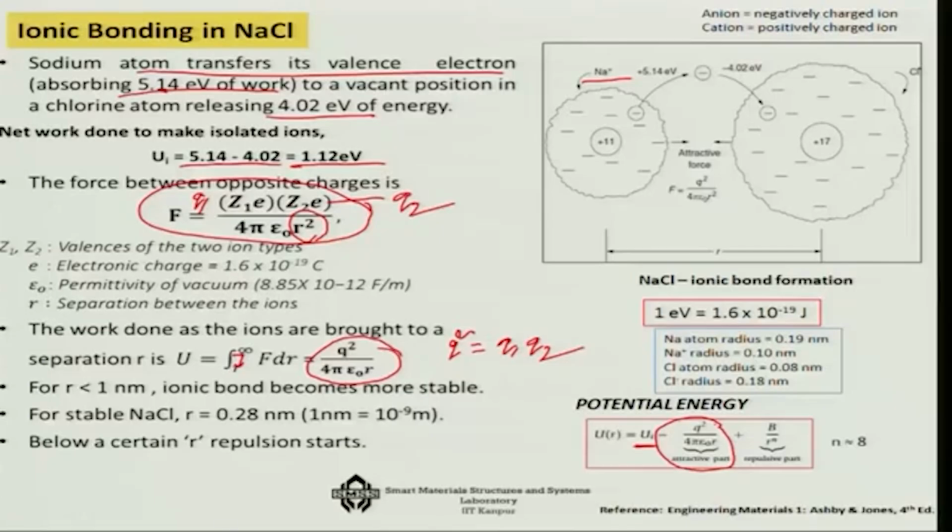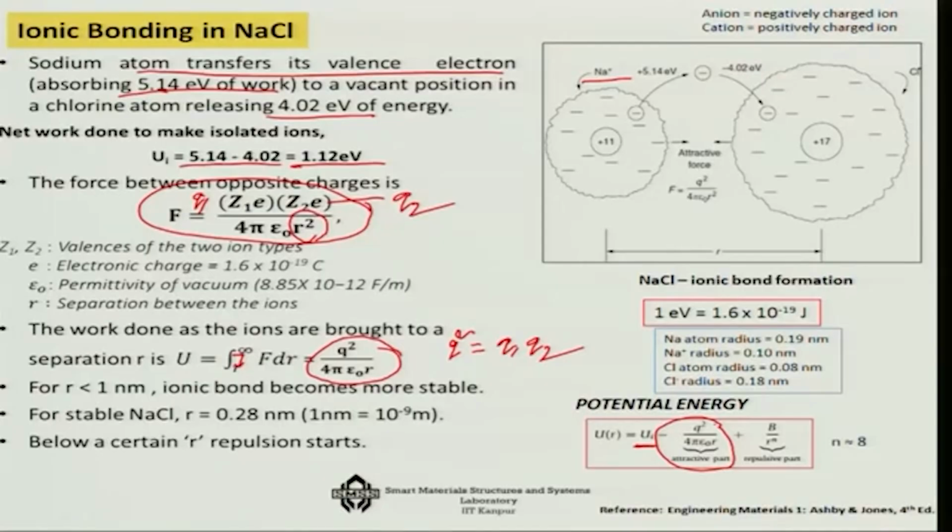At the moment these two are coming very close, their nuclei, which are positive, after penetration of the electron clouds, will start to have a kind of repulsion. That repulsion is modeled by a constant divided by r to the power n, where n is approximately 8.